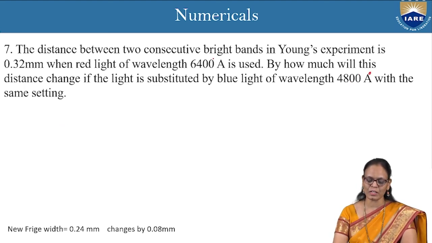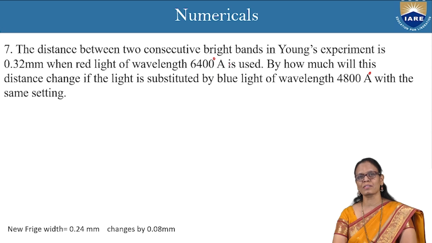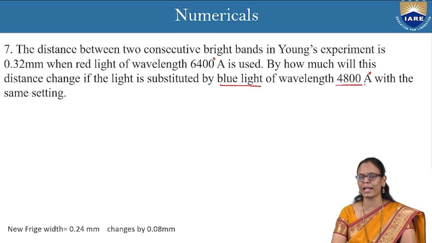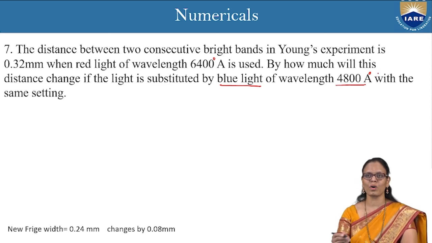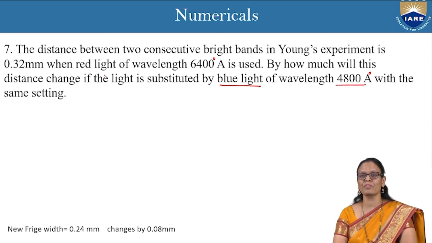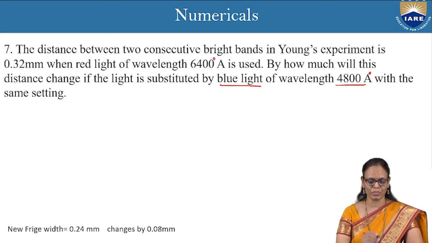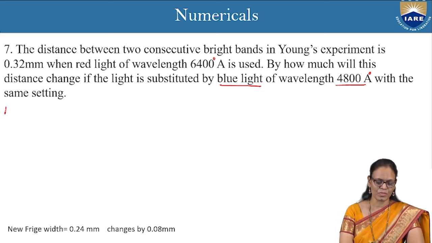So when we are using 6400 angstrom, the fringe width is 0.32. Now, if this red light is replaced by blue light whose wavelength is 4800, what will be the change in fringe width? We are going to understand this concept, with the change in wavelength, how the fringe width is going to vary. So first let us write the data.